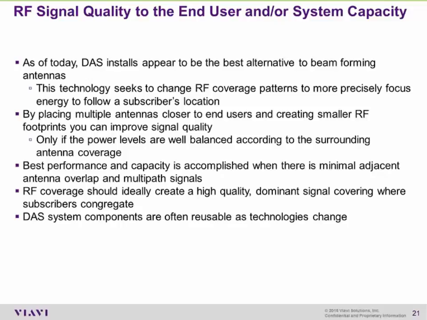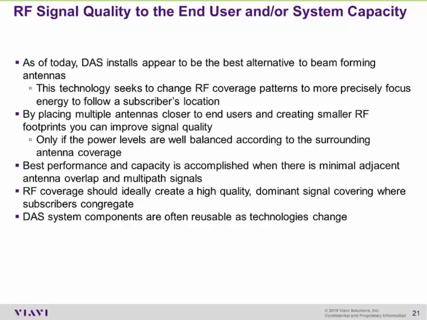So, DAS systems oftentimes will have that first opportunity to create small RF patterns where people tend to congregate. So again, RF coverage patterns, you're trying to follow where subscribers are, trying to get that RF off the air as quickly as possible, getting it onto a piece of wire, meaning where the antenna is at.